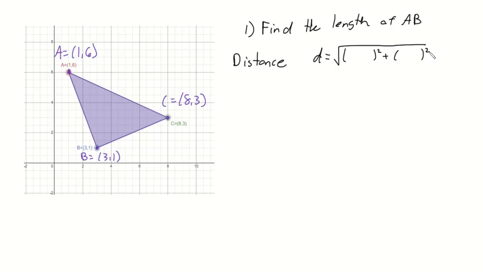What am I putting in the parentheses? What's my first point? Yep, A. So I have my x and y values from A, and I subtract my x and y values of B. So that is my second point. I want you guys to find the distance from A to B.